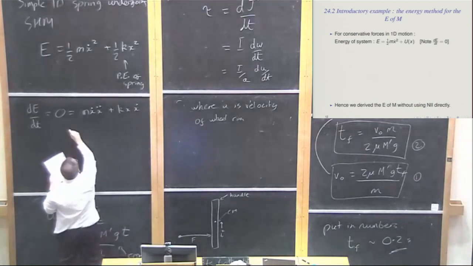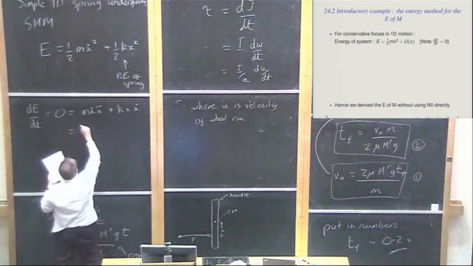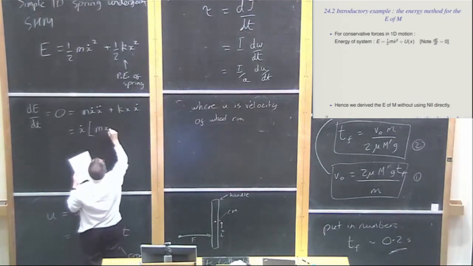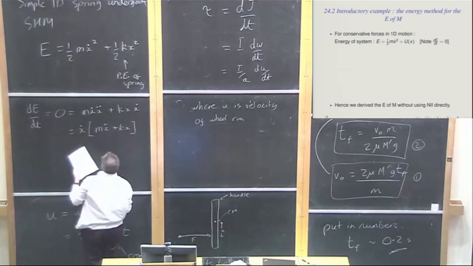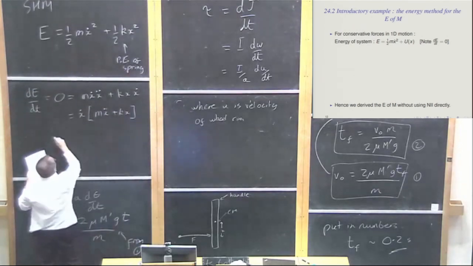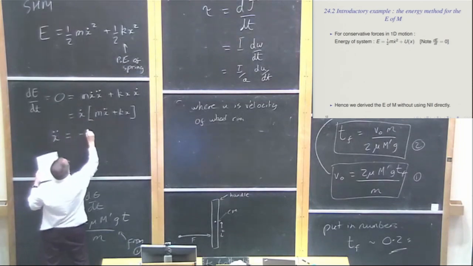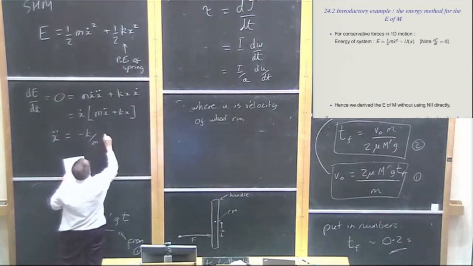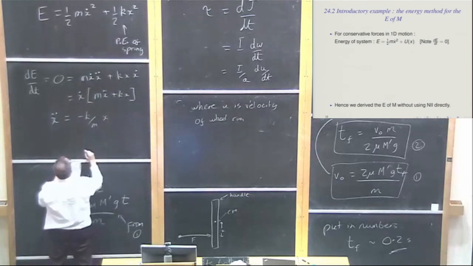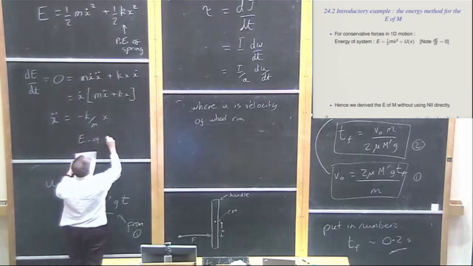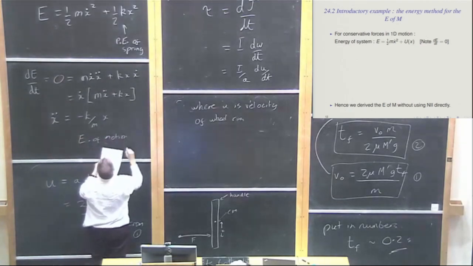So this is just the same as before, but it's a concrete example. So we take out x dot, m x double dot plus k x, and so we get x double dot is equal to minus k over m x. So this is the very familiar equation of motion.